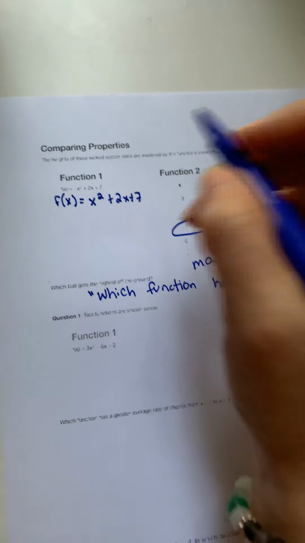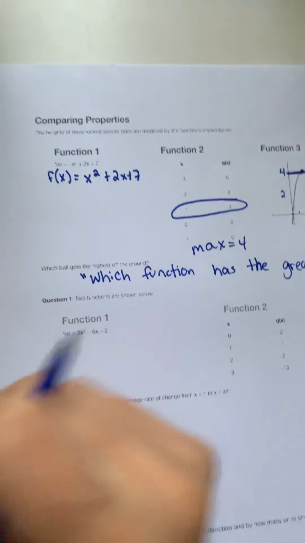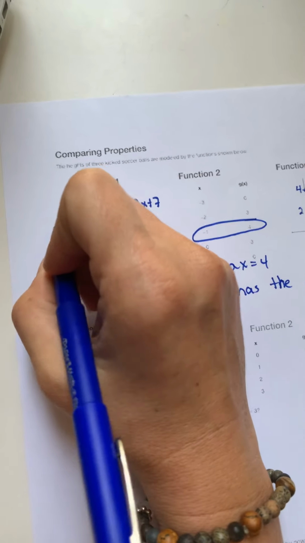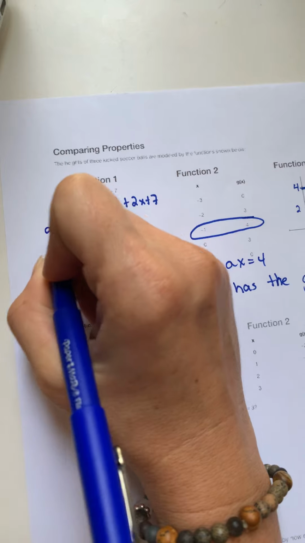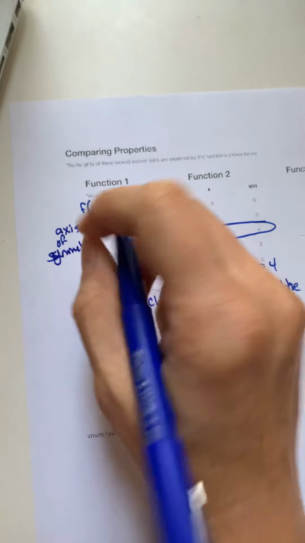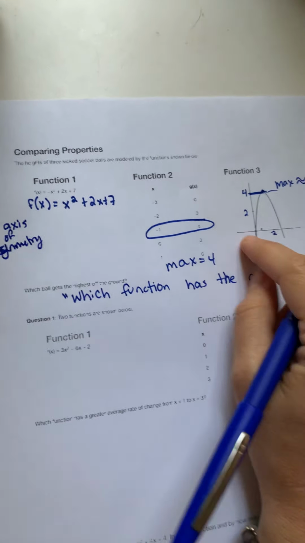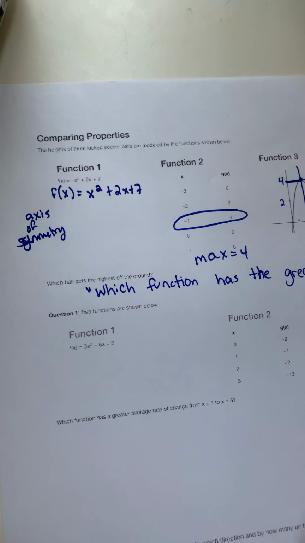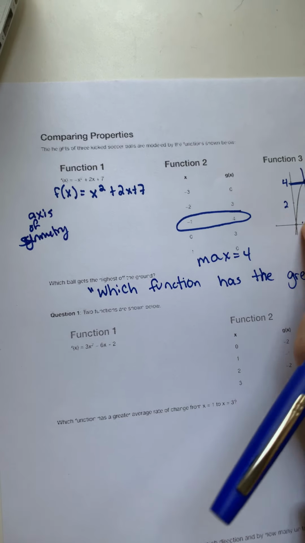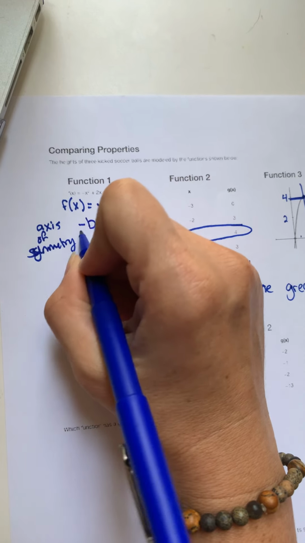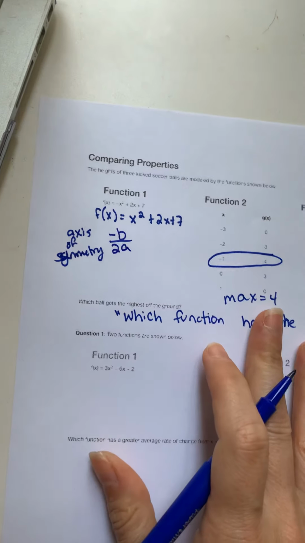But there's a workaround, and it's probably a little bit faster, actually. My axis of symmetry, which is also the x value of my vertex, tells you the x value. That formula is negative b over 2 times a.